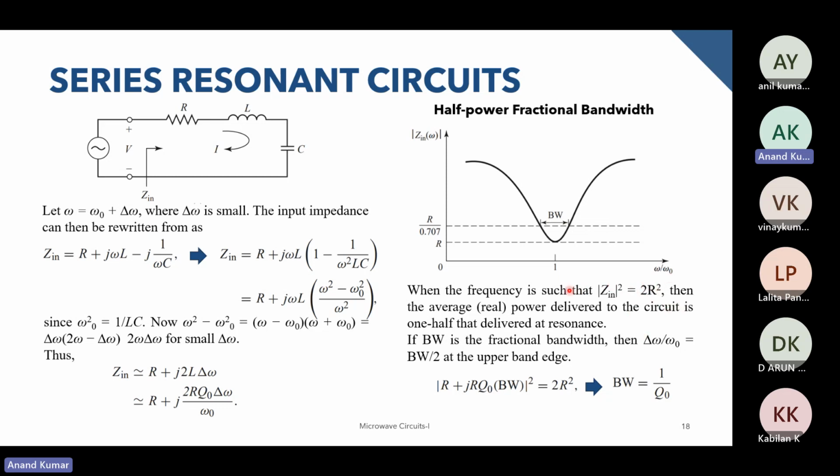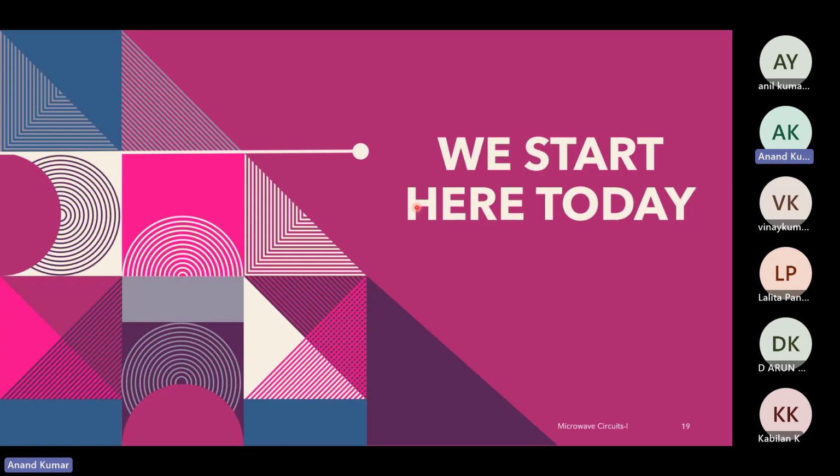If you draw a line, you find this bandwidth turns out to be 1 upon Q naught. So bandwidth is equal to 1 upon Q naught, which is the unloaded quality factor. So this is what we covered.